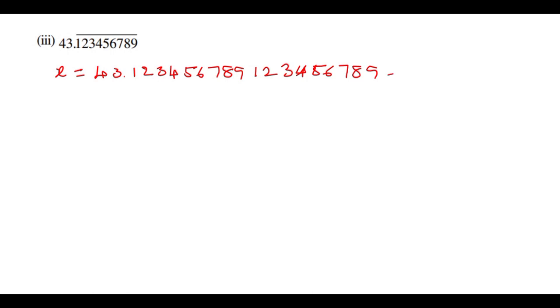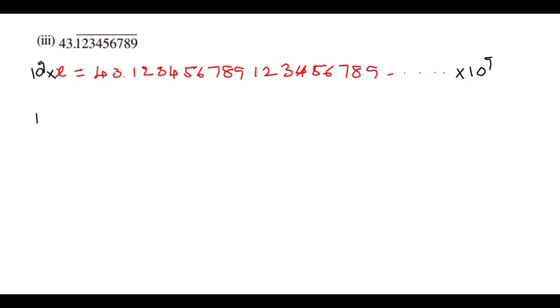So this is the actual question given. We write, let x is equal to 43.123456789 123456789 and so on. We should multiply on both sides by 10 to the power of 9 because 9 digits are repeating here, so the periodicity is 9.